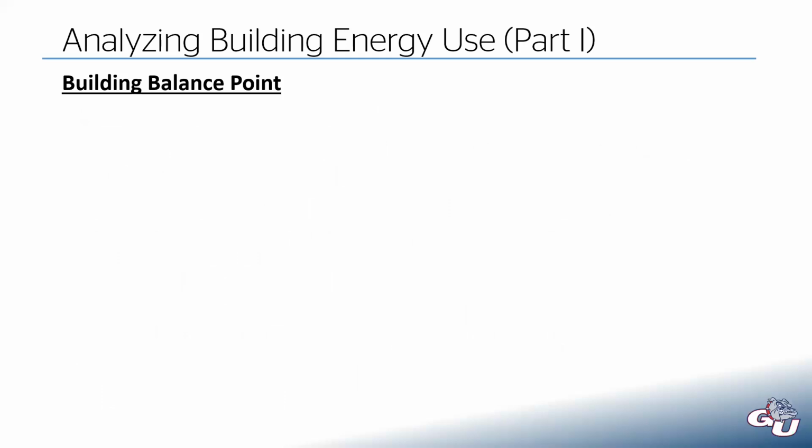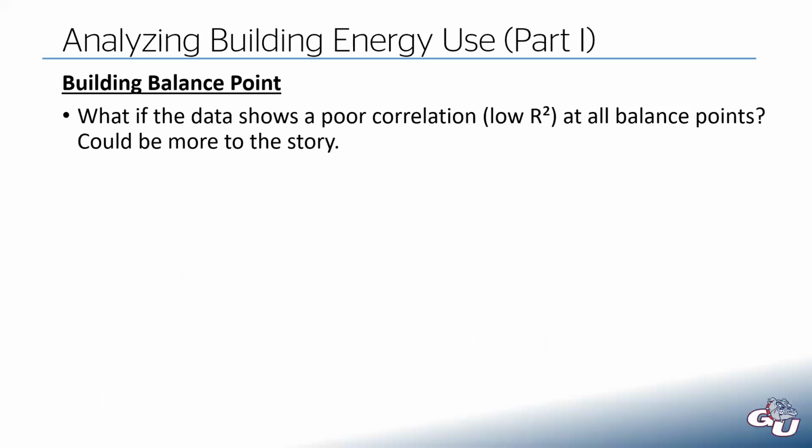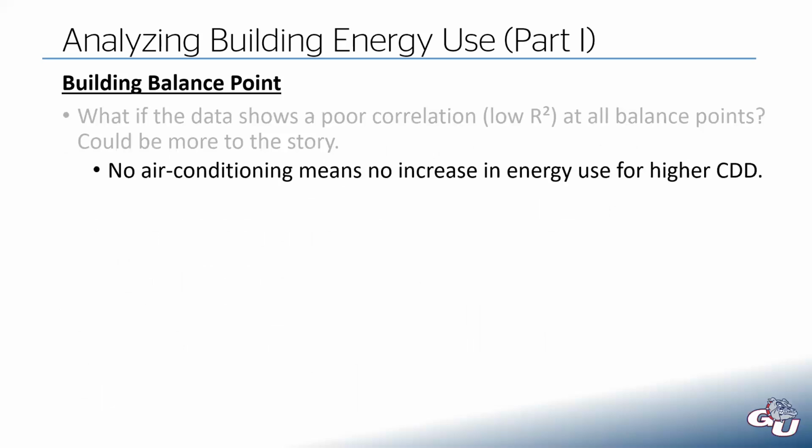But what if you run through those steps and the data is just a poor fit no matter what? At every balance point you try, it just does not want to fit. That doesn't necessarily mean your data is bad. There could be some other reasons, like what if you don't have air conditioning?